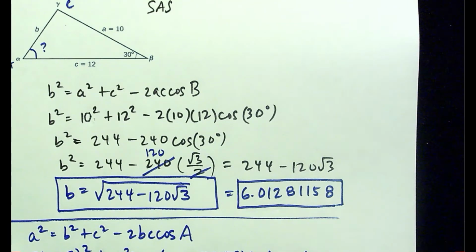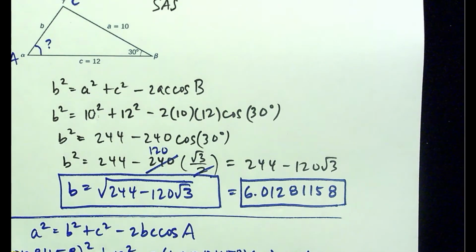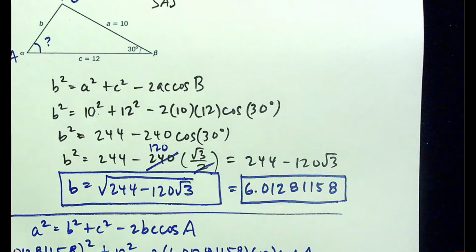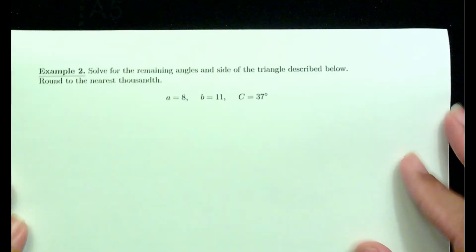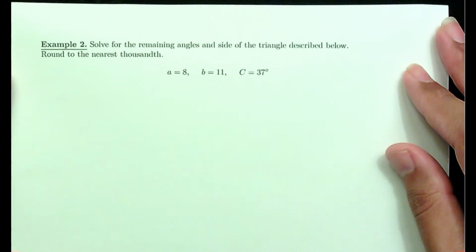Just look out for what the instructions say. If you got that and you want to try it on your own, you can pause the video and try this one. Otherwise, just wait for the third one because we're doing 3 examples.